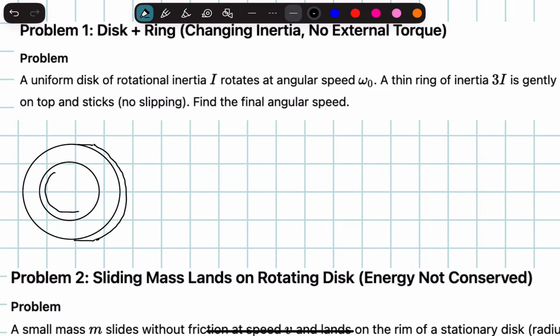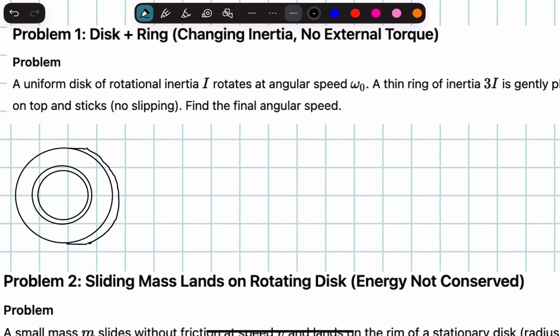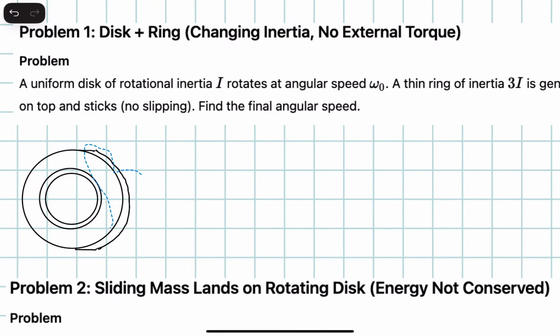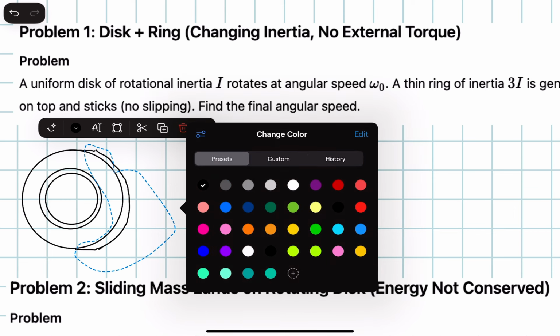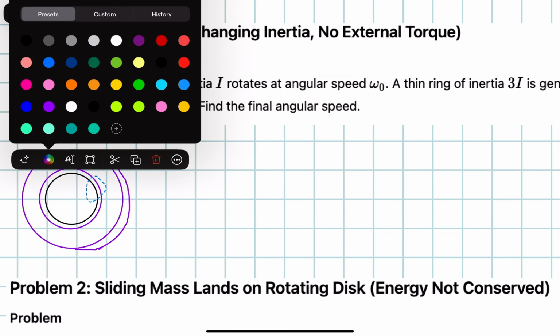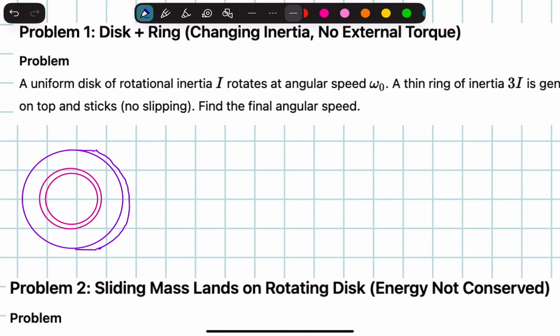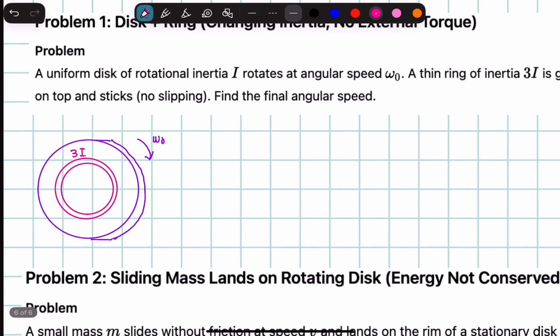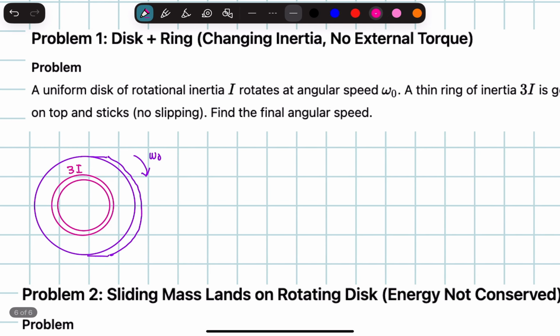Let's color the disk purple, and the ring pink. So this disk is going to rotate at omega initial, and the thin ring has an inertia of 3I, and it's gently placed on top and sticks.